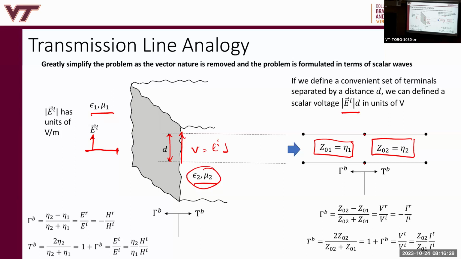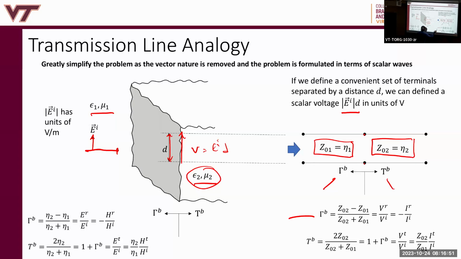Now you go back to your very first class in fields and waves, and you apply all the formulas you learned there to calculate the reflection and transmission coefficients. So here we have, from that class, gamma is equal to Z02 minus Z01 divided by Z02 plus Z01, right?